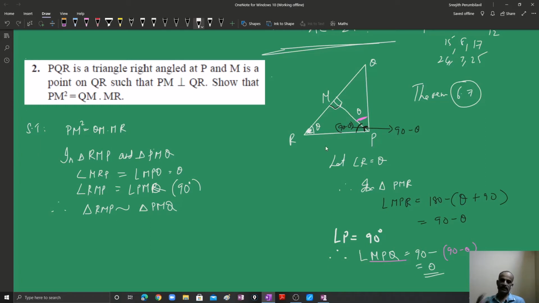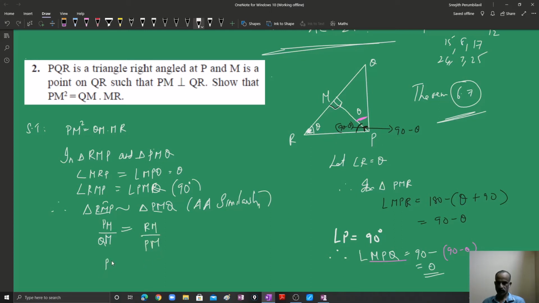This is nothing but the same concept of our theorem 6.7. We were saying that these two triangles are similar to each other. This is AA similarity, right? So we need PM square. MP by MQ is equal to RM by PM.